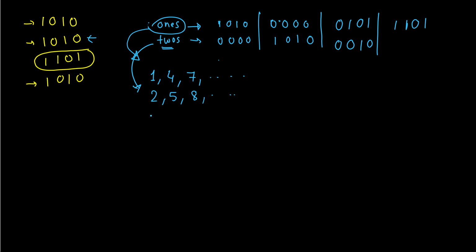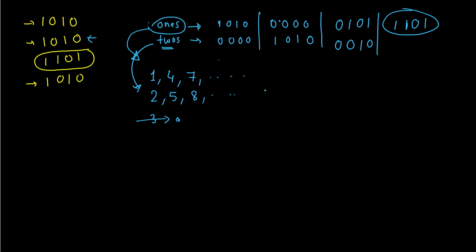And if we have anything 3, this is same as 0. So in the end, when we have iterated through all the elements, this ones will be the value that we are interested in. So how can we do that?